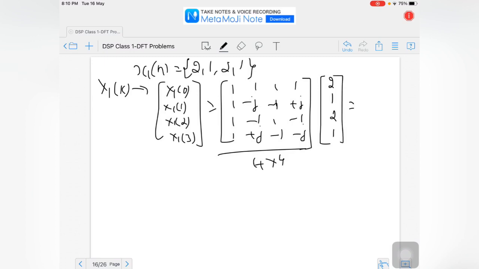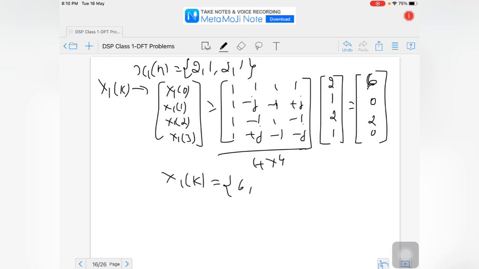Multiplying each row with the column, you get 6, 0, 2, 0. So x1 of k is equal to 6, 0, 2, 0.